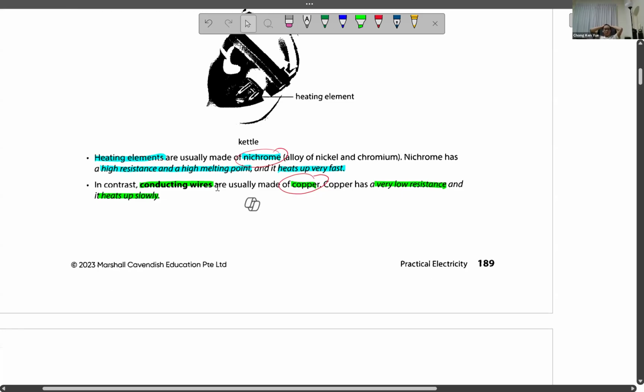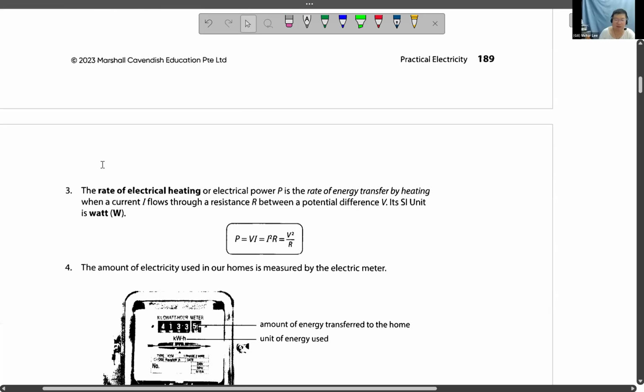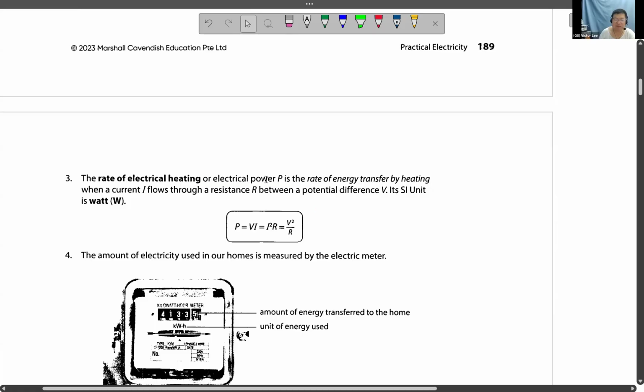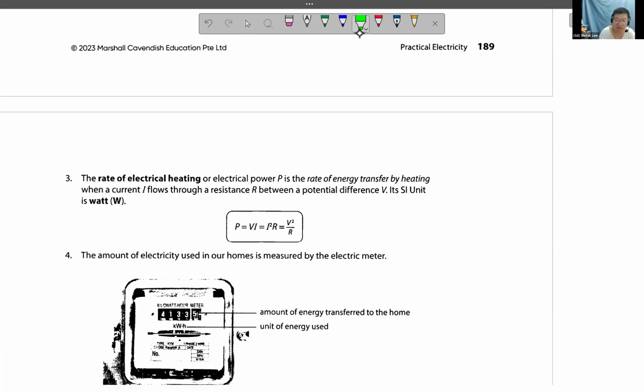All right, so the rate of electrical heating is power. Power is the rate of energy transfer. So power equals VI, voltage times current. And you need to know V equals IR.